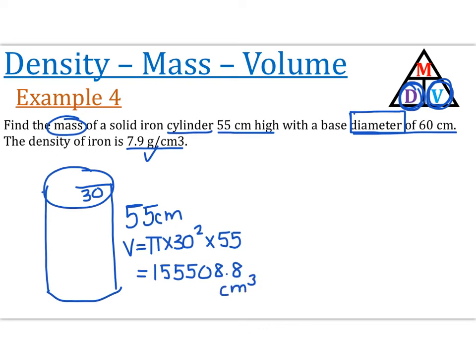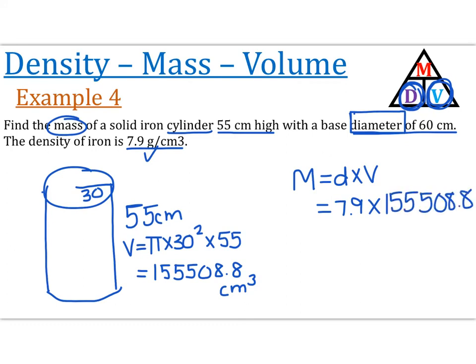So now I've got the density and I've got the volume, so I can go ahead and find the mass. The mass is going to be density times by volume, which is 7.9 times by 15508.8. So that gives me a massive answer, which is 1228519.8.